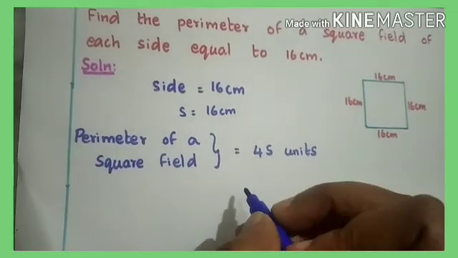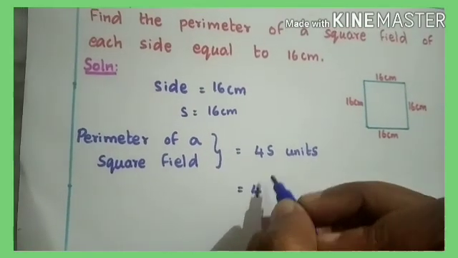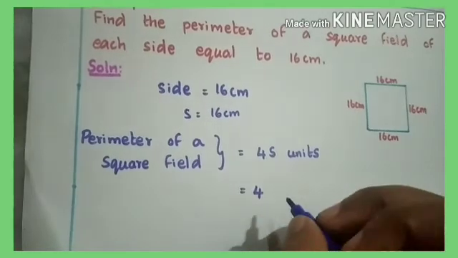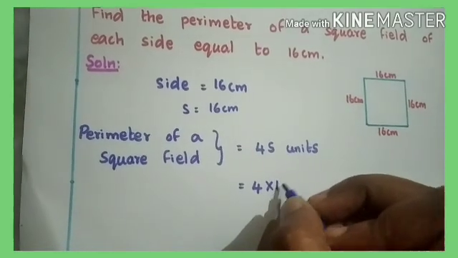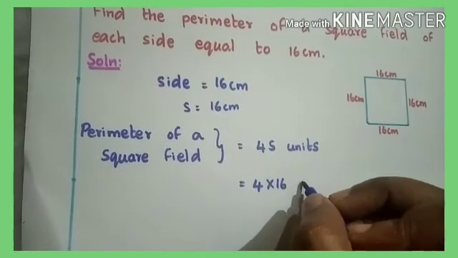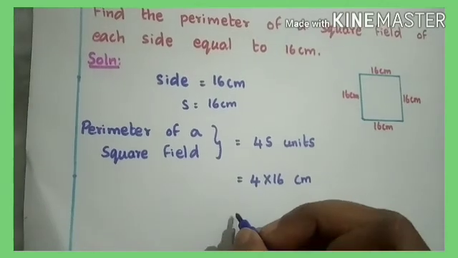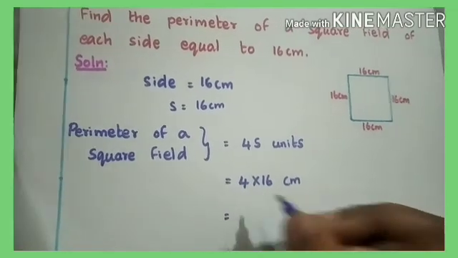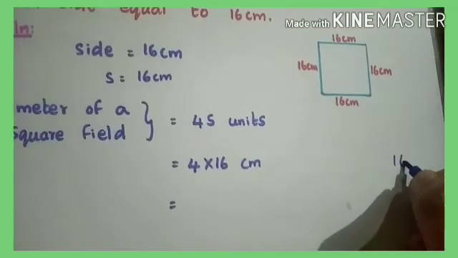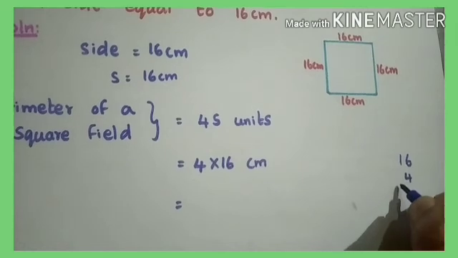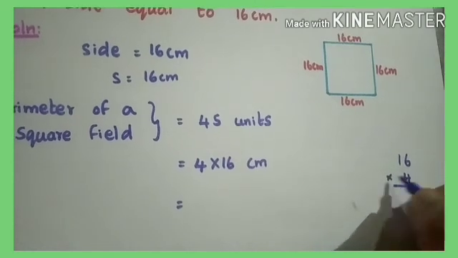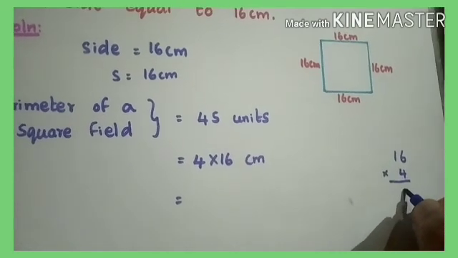Now substitute the value of S in this formula. That is 4 into 16 centimeter. Now multiply the number 16 by 4. Multiply 4 by 6. We get 4 sixes are 24. Write 4.